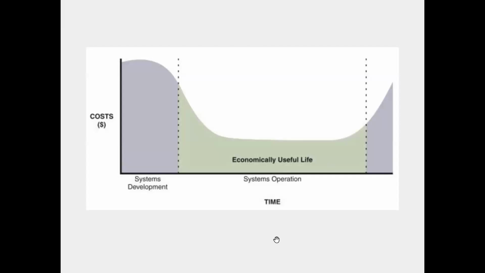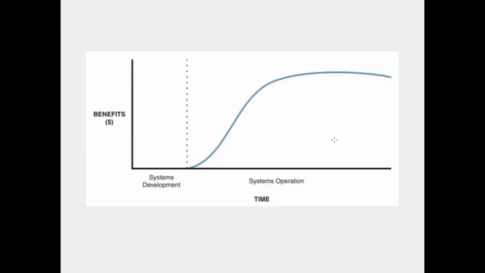Now, this graph shows you what happens during the time of development and the costs. Usually in the beginning, you spend quite a lot of money on developing the system. Then it gradually reduces, and it will stay at the same level most of the time, right? The benefits, on the other hand, go the other way around.